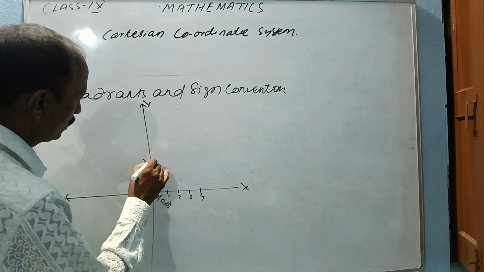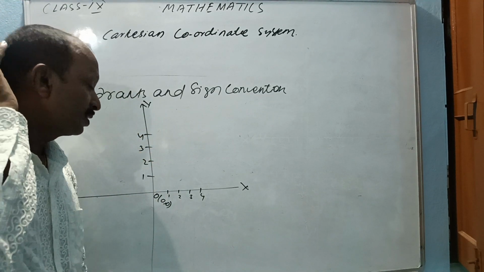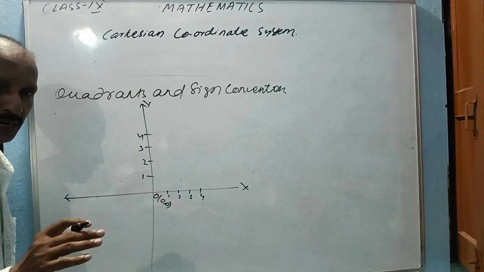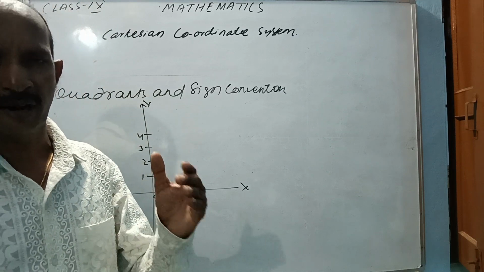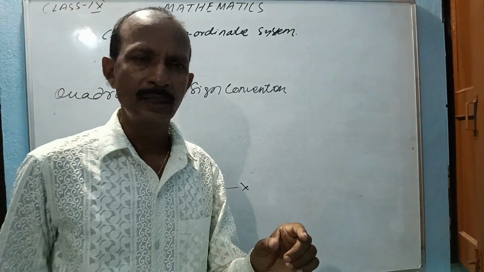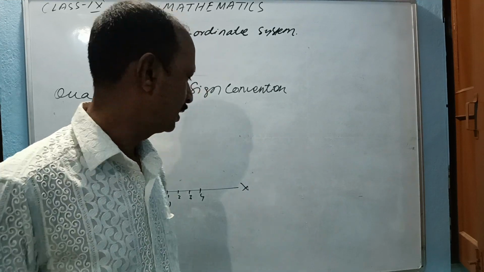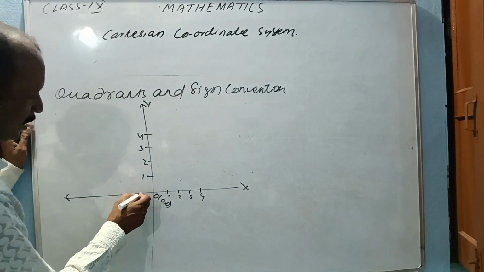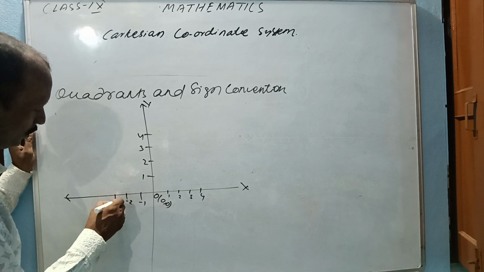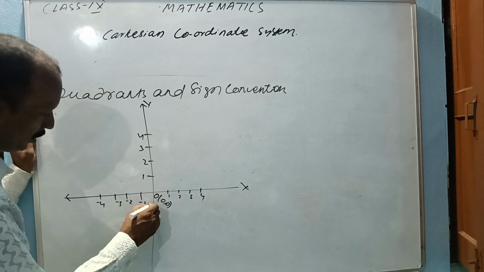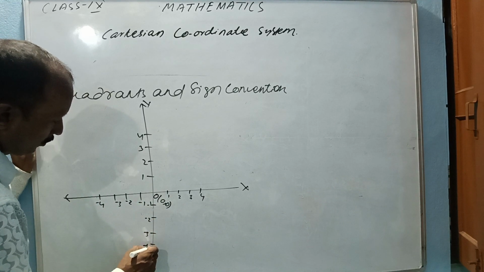You have to take a suitable scale. Generally, the graph paper we are using is centimeter graph paper. You will find the gap between two thick lines is 1 centimeter. This is -1, -2, -3, -4, like this.